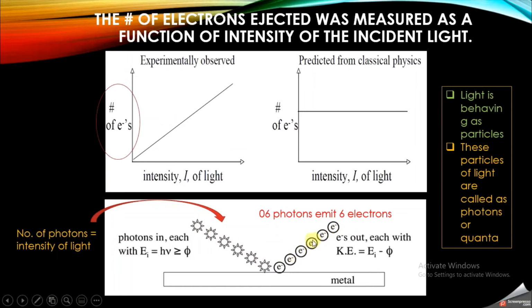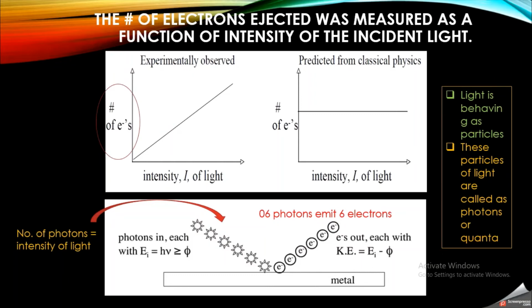However, the energy of each individual electron depends only on the frequency of light, not the intensity. If we have 10 photons, 10 electrons will be emitted, but each has an energy related to the frequency of light. So intensity is related to the number of electrons, and the energy of a single electron is related to the frequency of light, not the intensity.